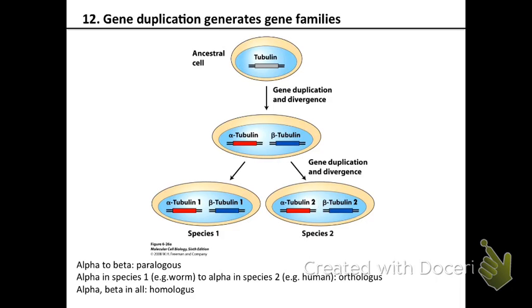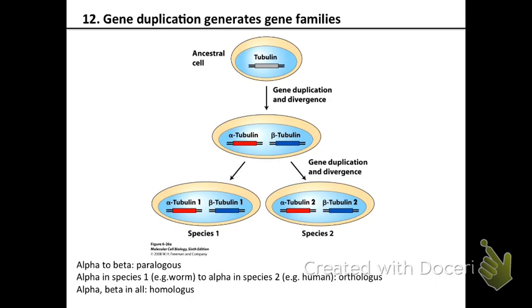So when you come to current time, if you take mouse and humans, take our tubulin gene, and look for genes in the mouse with a similar sequence, you're going to find the tubulin genes in the mouse. There are going to be some differences, but they will look similar, okay? Those similar genes are what we call homologous. They're homologs, okay?